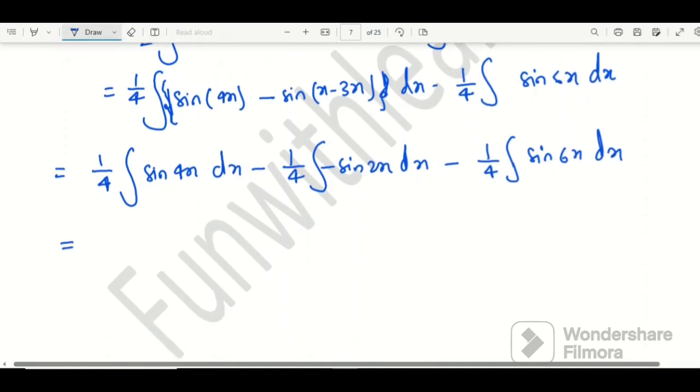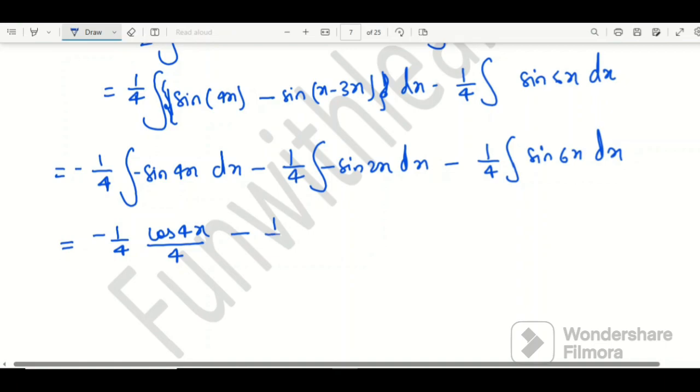Here we'll have now integration of sine 4x. So we'll multiply minus 1 inside and minus 1 outside. So integration of minus sine 4x will be cos 4x, and we'll have to divide by 4 in the denominator also because 4 is there in multiplication.